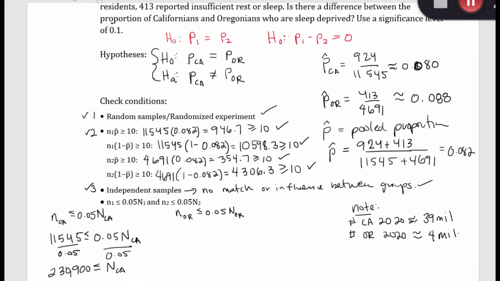If all of Californians are at 39 million, then that's going to be greater than about 231,000. So that one is satisfied.